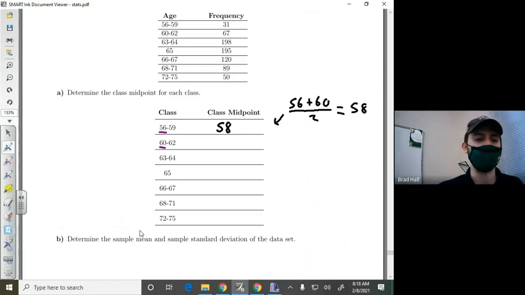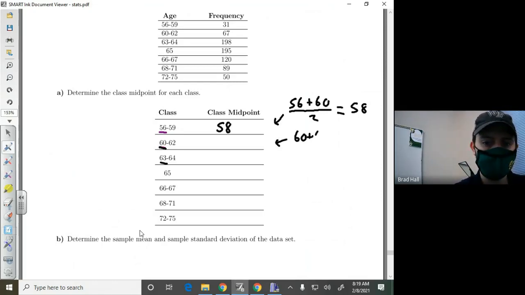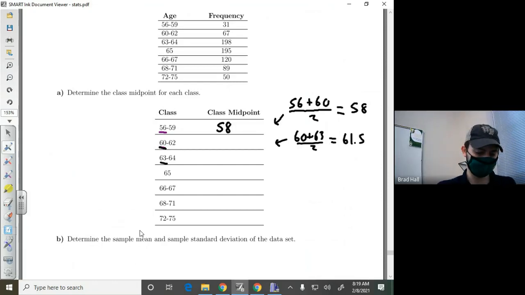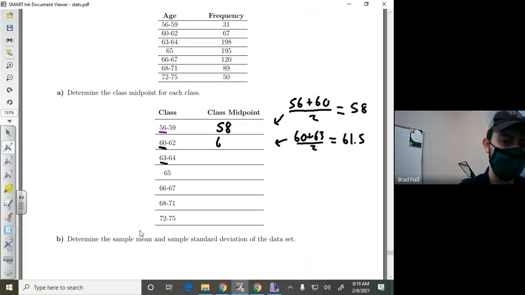So 58, and we keep going. So the next class midpoint is the average between 60 and 63. That should be 61 and a half, I believe. 60 plus 63, 61 and a half.